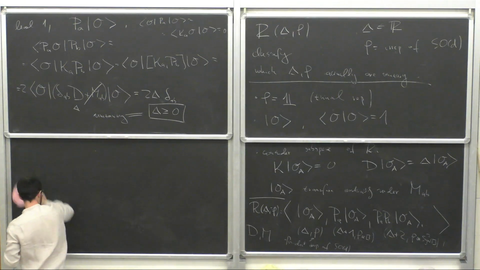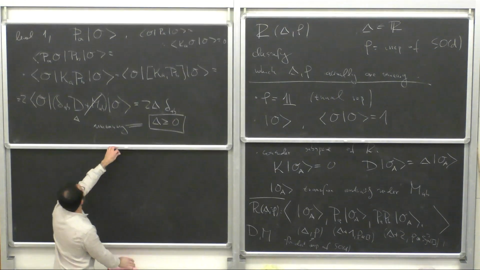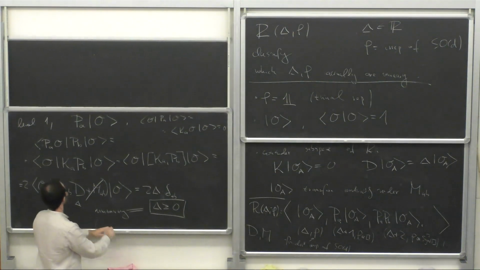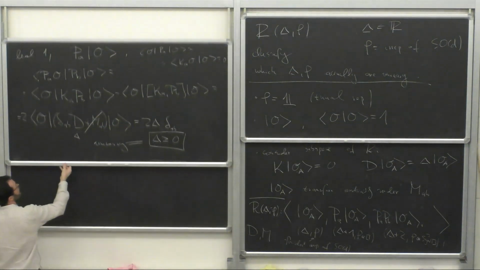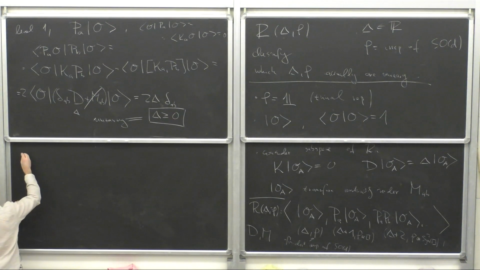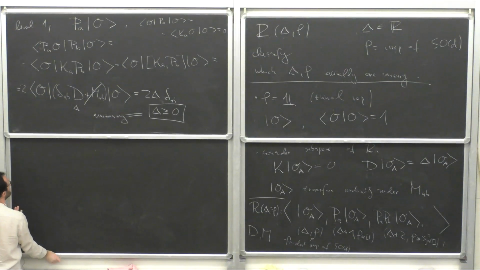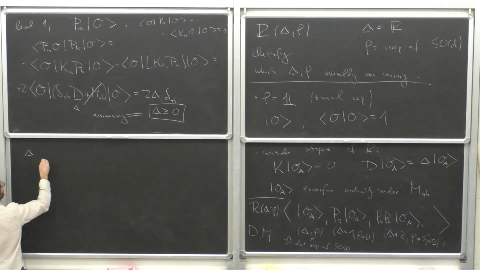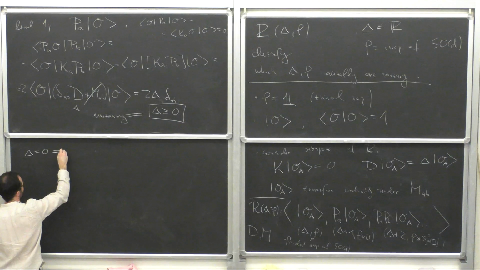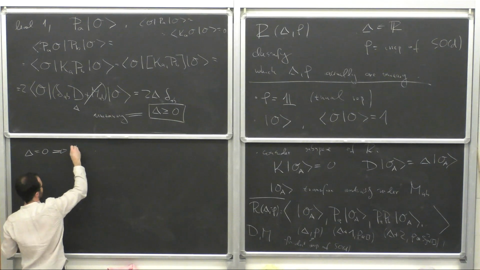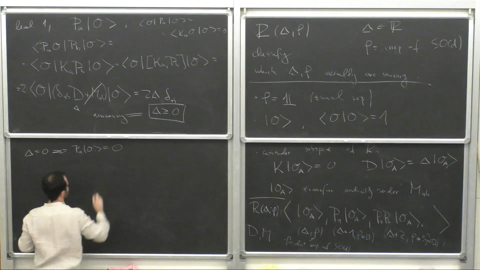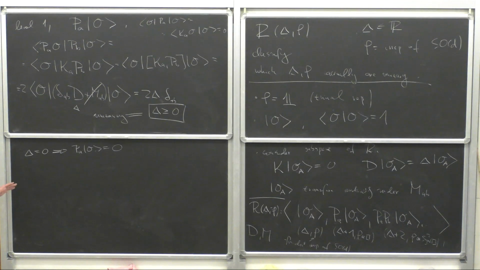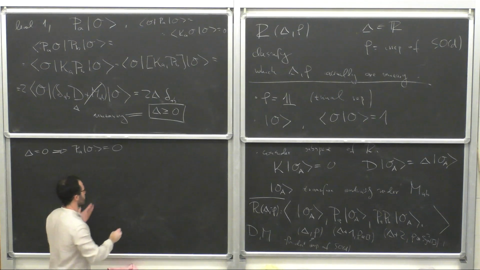Right, so if delta is 0, then the norm of each of these states vanishes. Assuming unitarity means that P O is 0, and in this case the whole representation is one-dimensional.